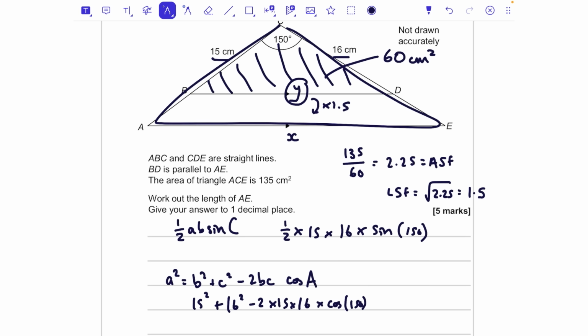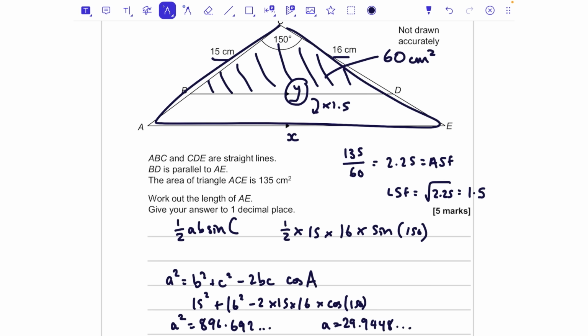Oh, 15 times 16, typing wrong numbers in. Times cos 150, and that's a squared, so a squared equals 896.692, and we're going to square root that value, so a is 29.9448. That, however, is y.